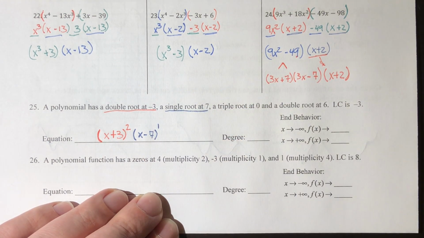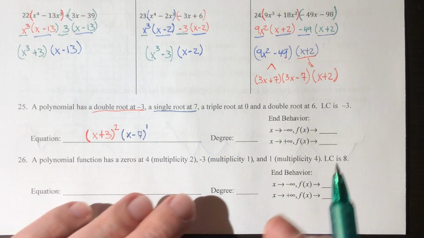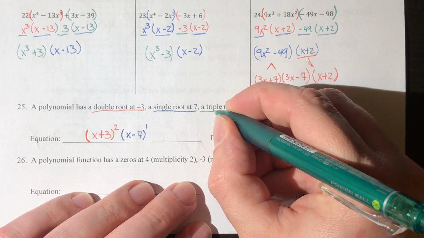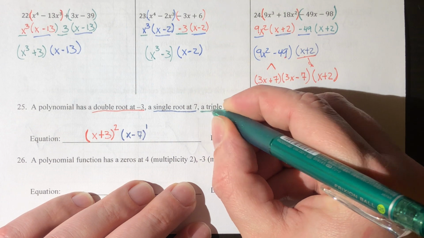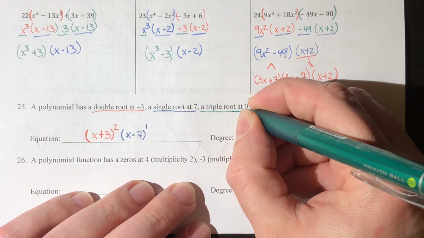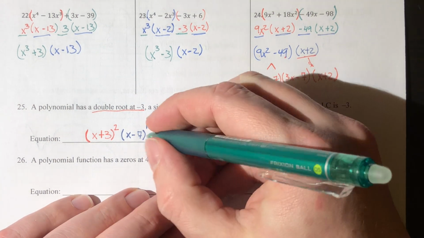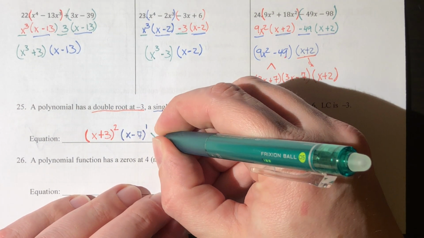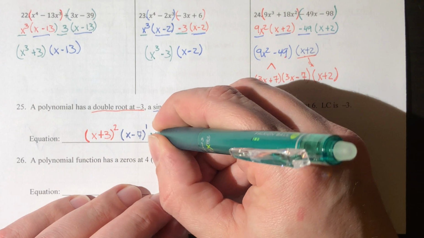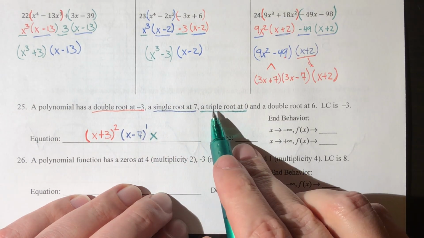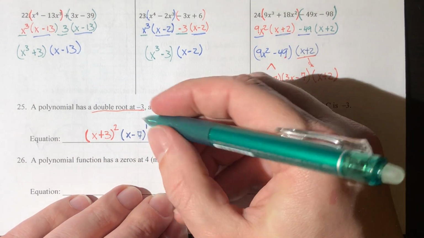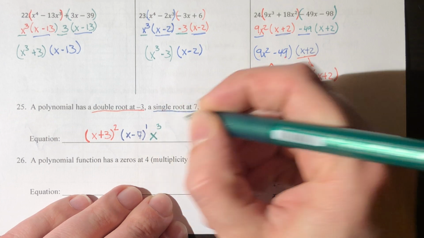I'm just writing it there so that we can remember that it has 1. A triple root at 0, any root that you have at 0 is just x. The triple means that it's going to have an exponent of 3 on there.